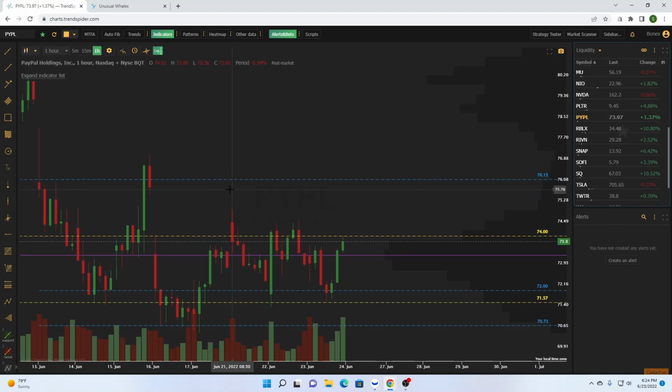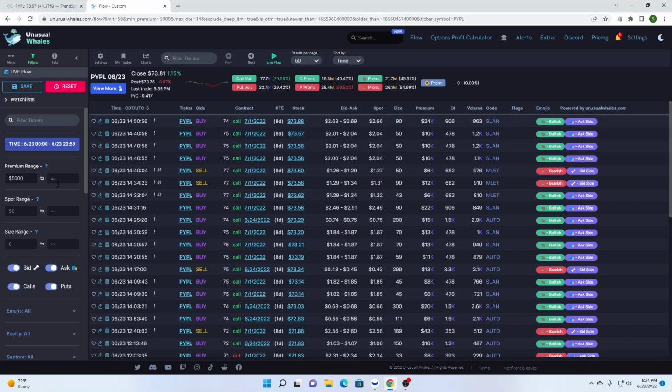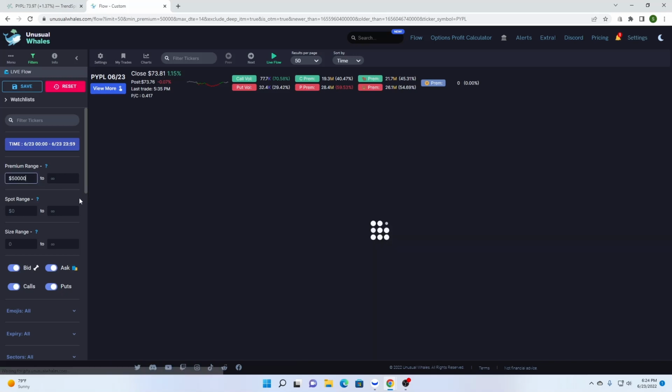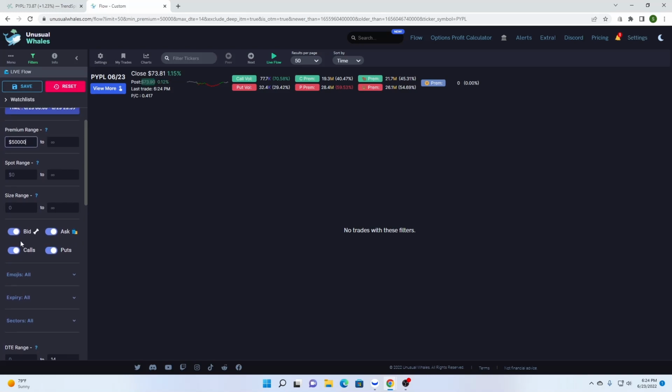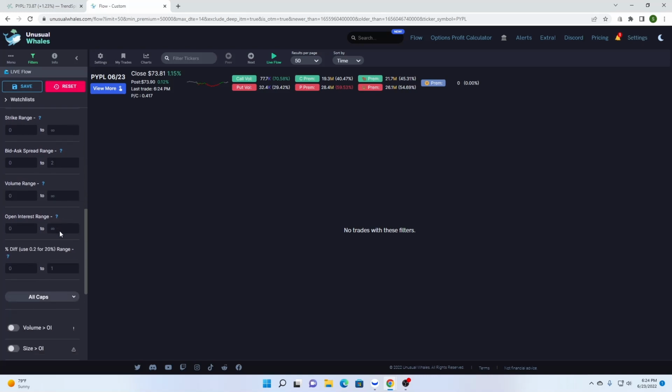The second piece of this is using flow to find where these big moves are. So the first thing, head over here to Unusual Whales, go on flow, and in this case, just look up PayPal. First thing I do, I like to look at this 50,000 range. I have both the bid and the ask on calls and puts, both on 0 to 14 DTE. I'm looking for those closer to expiration dates. Don't care about volume range.